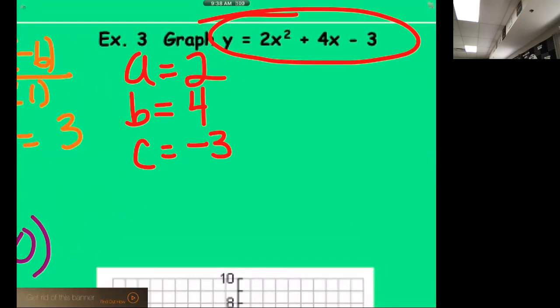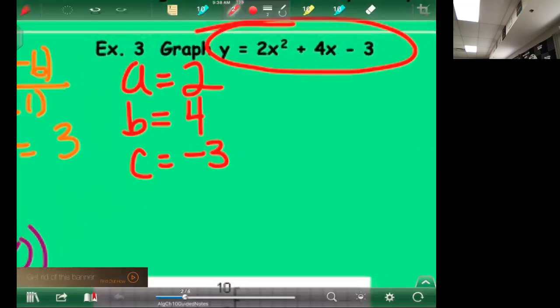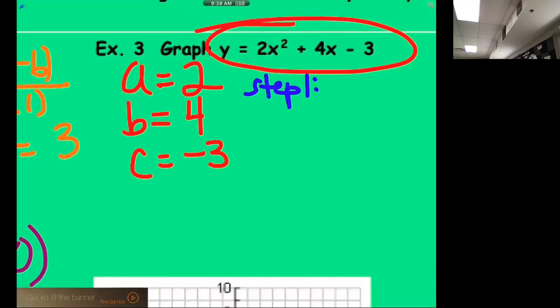Okay. Step 1 says what, Evan? What do we do first? Step 1, Anna. X equals what? What do we use? Remember our little short formula we have to plug in?